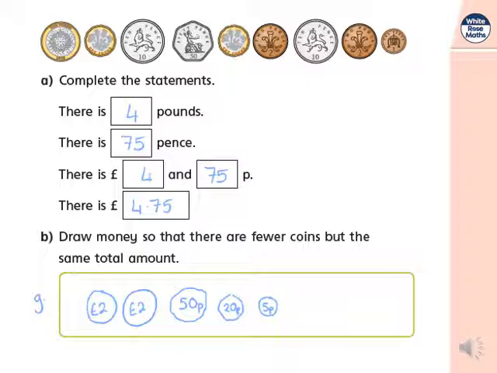So you still had to show £4.75 but drawing it using the least amount of coins to make that total. So you could have used 2 £2 coins, a 50p, a 20p and a 5p. Well done if you managed to do that.